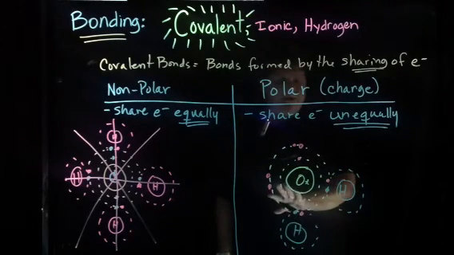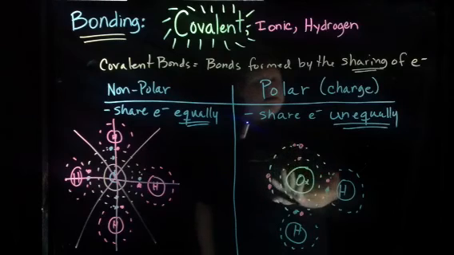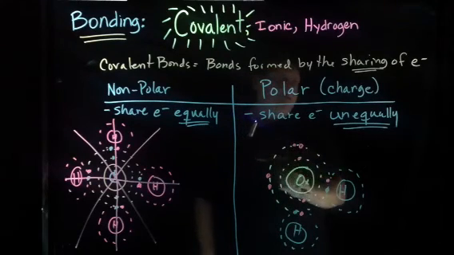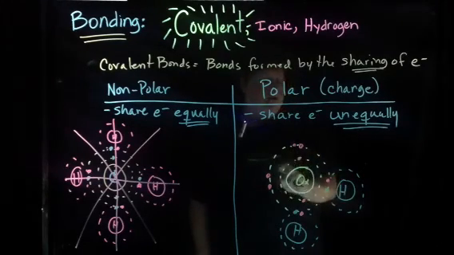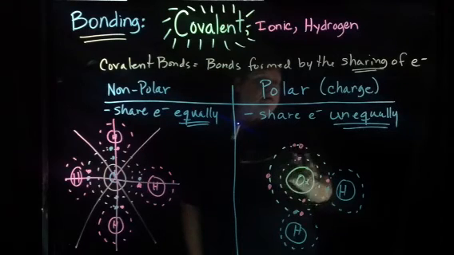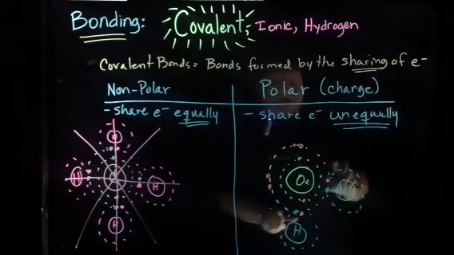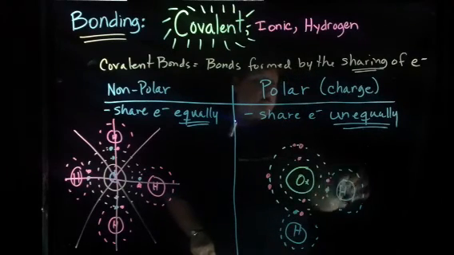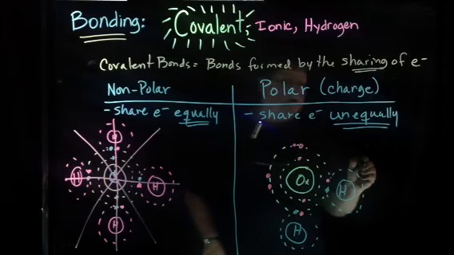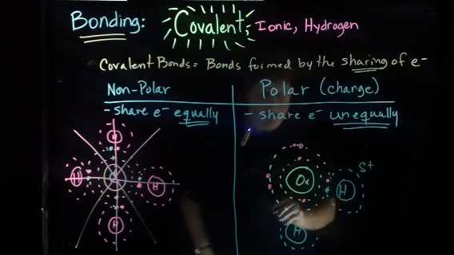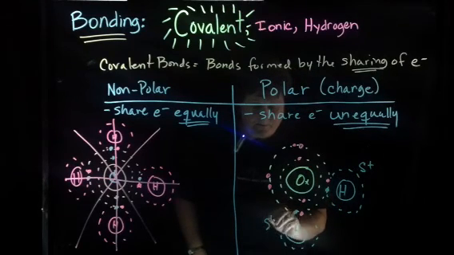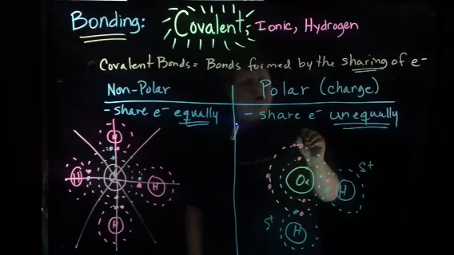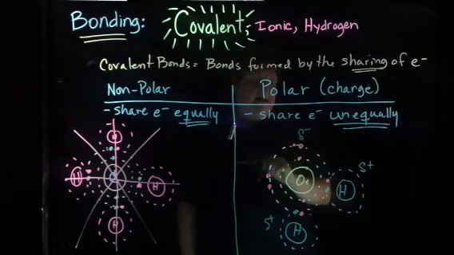We see that most of the electrons are owned, if you will, by the oxygen. So they're going to spend more time here around the oxygen than they are the hydrogens. And so this is going to leave these hydrogens with what we call a partial positive charge, and the oxygen here will have a partial negative charge.